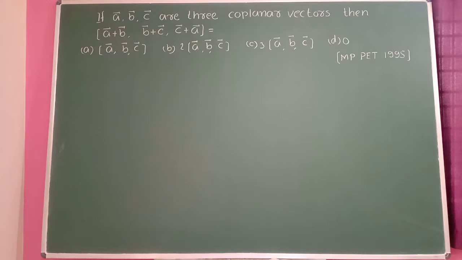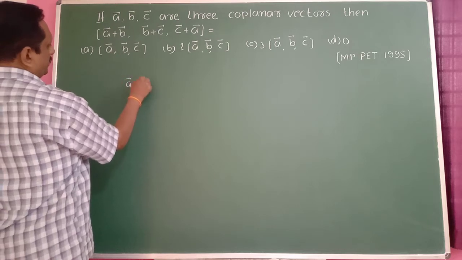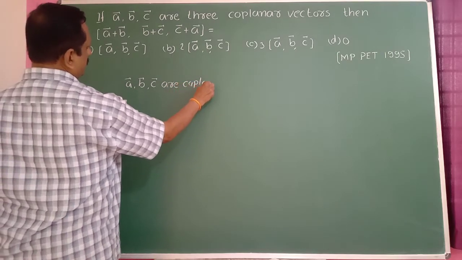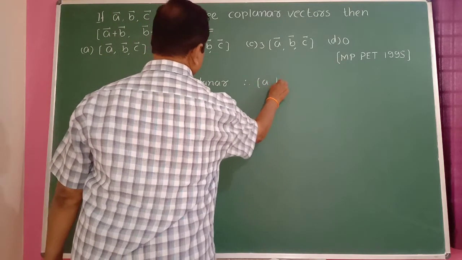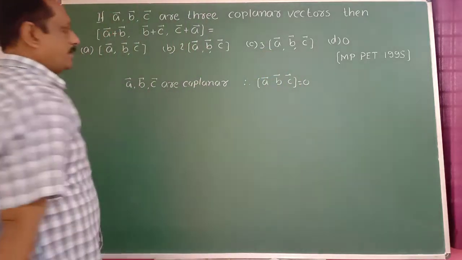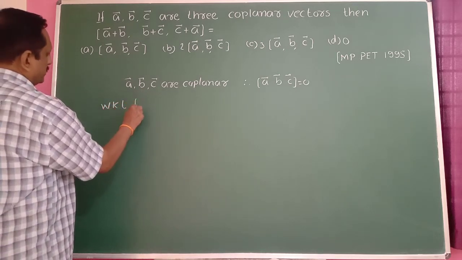If the vectors a bar, b bar, c bar are three coplanar vectors, then what is the scalar triple product [a bar + b bar, b bar + c bar, c bar + a bar]? If the vectors are coplanar, then the scalar triple product is 0. It is a property of the scalar triple product.